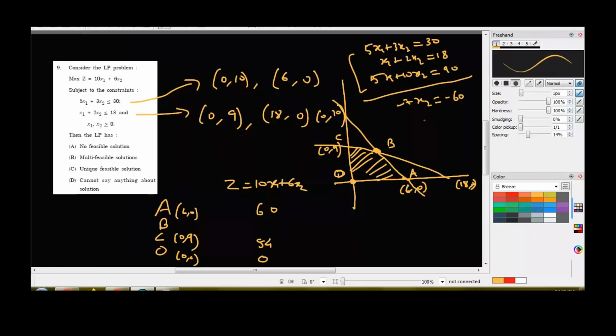So x2 is 60 upon 7, and x1 will be 18 minus 2x2. So that is 18 minus 120 upon 7. 7 into 18 would be 126. So that would be 6 by 7.